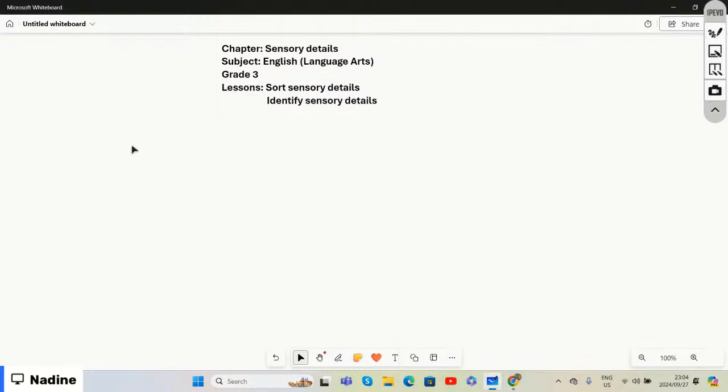Let me write it down for you. Sensory details use the five senses.